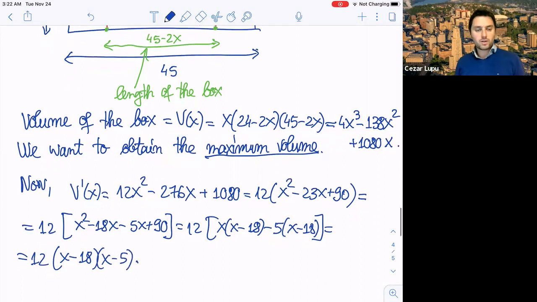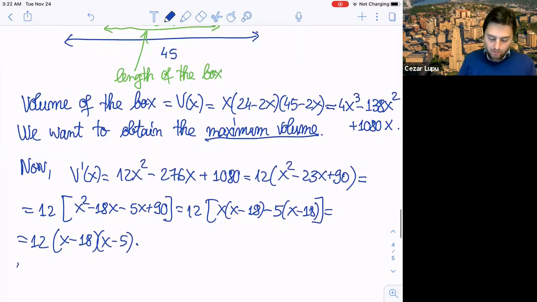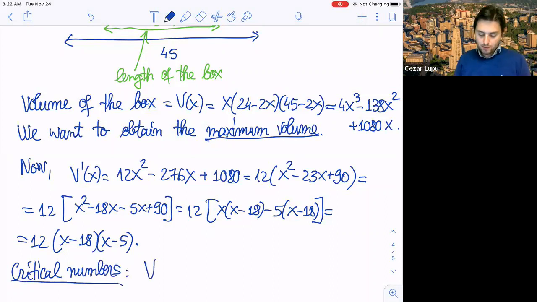And now we'd like to find the critical numbers. So the critical numbers are given by those points x for which v prime of x is 0. So this will imply that x is 18 and x is 5.